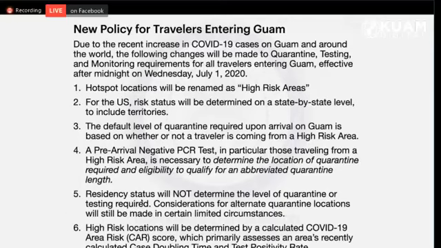Residency status will not determine the level of quarantine or testing required. Considerations for alternative quarantine locations will still be made in certain limited circumstances. High-risk locations will be determined by a calculated COVID-19 area risk score, which primarily assesses an area's recently calculated case doubling time and test positivity rate.